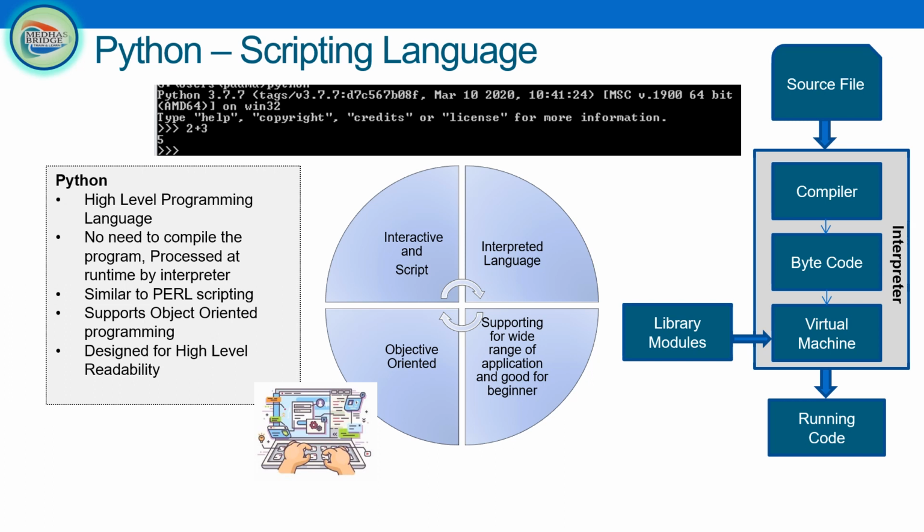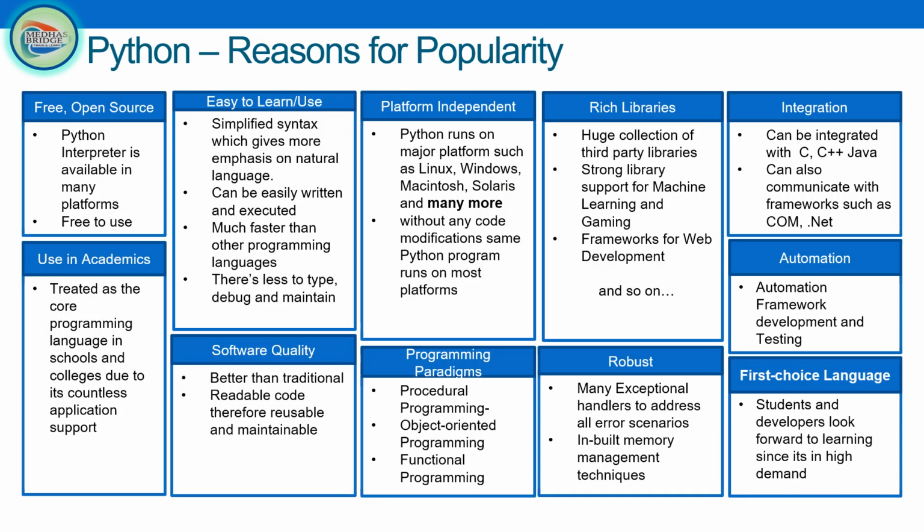Python is a high-level programming language with no need to compile the program. It proceeds at runtime by the interpreter, similar to Perl scripting. It supports object-oriented programming, is designed for high-level readability, supports a wide range of applications, and is good for beginners.